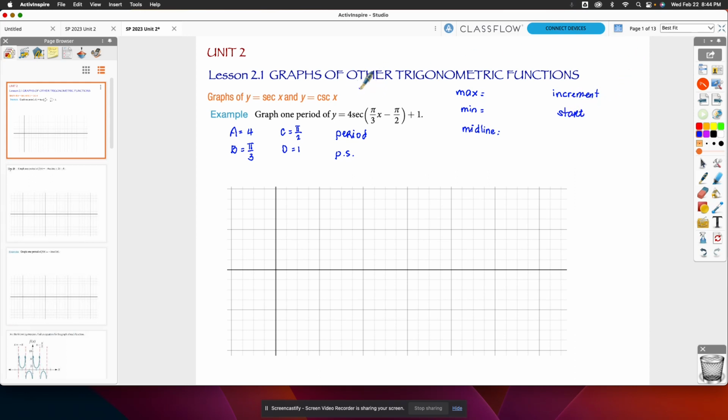So take note that we are graphing cosine at this time.